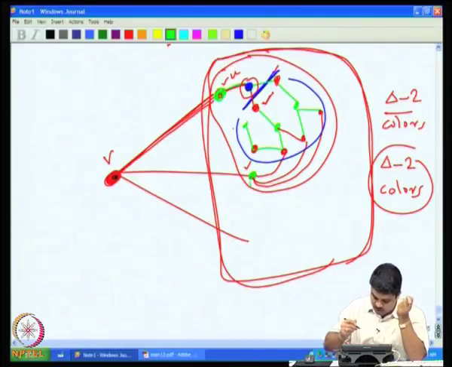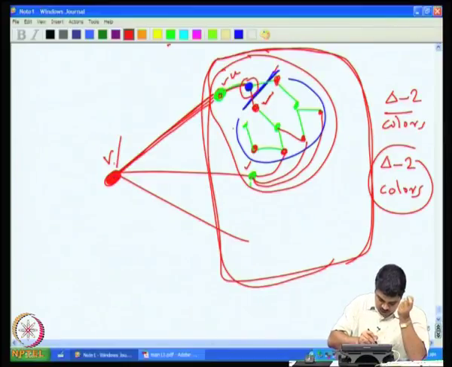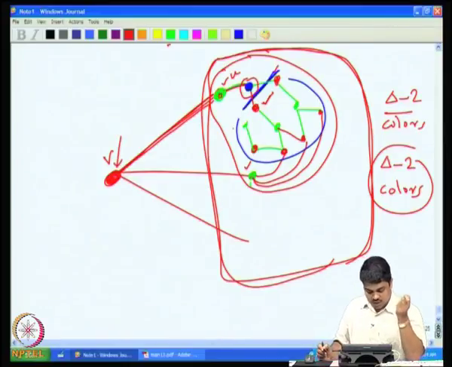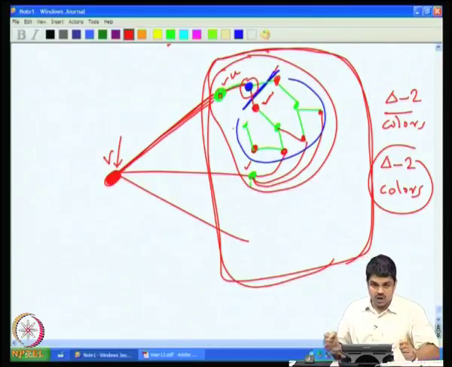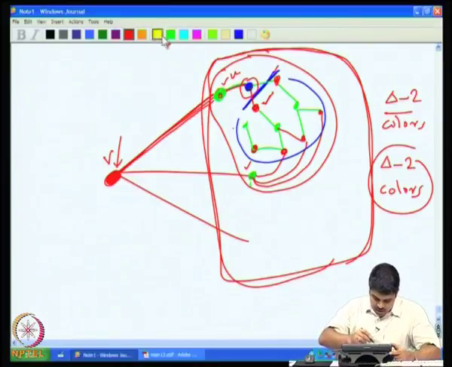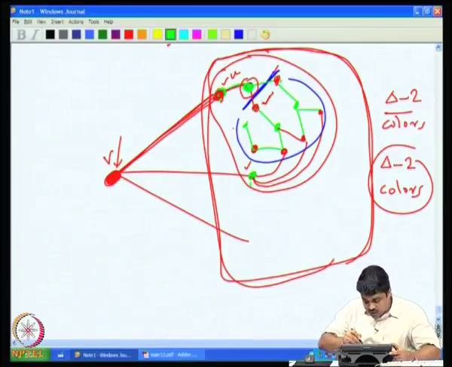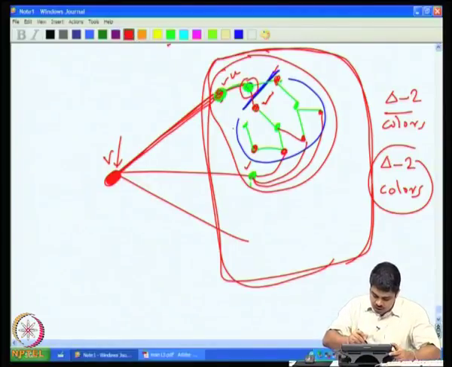So this and this will become green, so now red will be free to be given to this, the original thing. So what I can infer is this is red, this is green, and this green cannot have two red neighbors, maximum one red neighbor other than this earlier one.